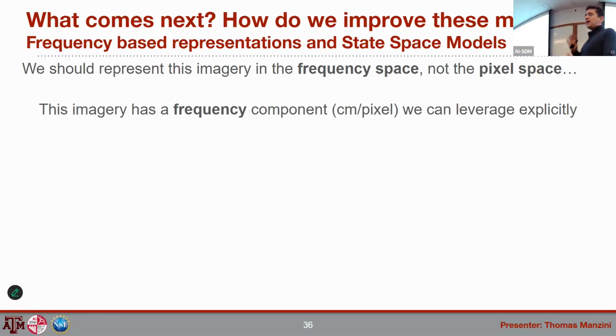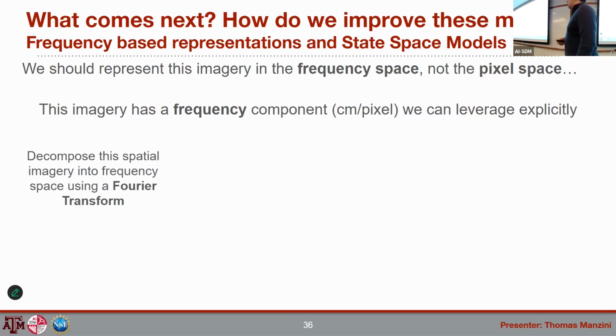So the thought is we have this scaffolding in this imagery of ground sample distance. The insight here is that this is a measure of frequency, centimeters per pixel, like cycles per some unit. And so we can leverage that explicitly if we operate in the frequency domain.